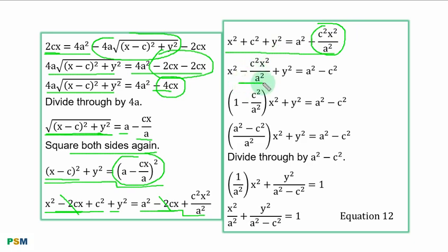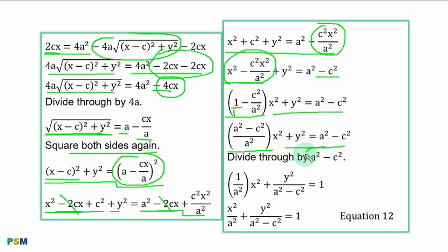It becomes negative. Then we move out plus c squared to the right. It becomes negative also. Considering these two terms, x squared is common. You factor it out. You have this result and the other terms. You can write this term as over 1. When you find the LCM and simplify, you have these results and the other terms.